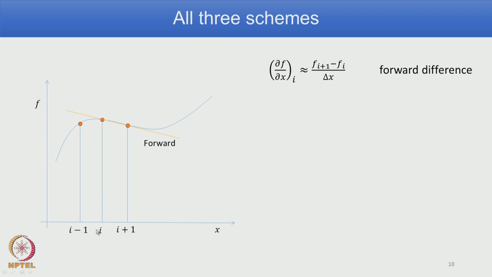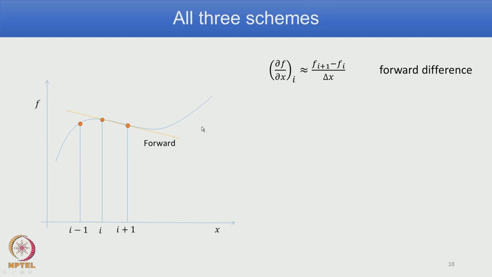I is a point of interest, I plus 1 and I minus 1 are immediate neighbors on the right side and left side, and you see a curve here, that is actually the function, and you are evaluating the slope of the function. So, when you say first derivative, you are actually evaluating the slope of the function. So, dou f by dou x is evaluated at the point of interest at I.